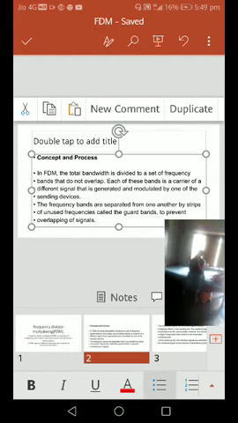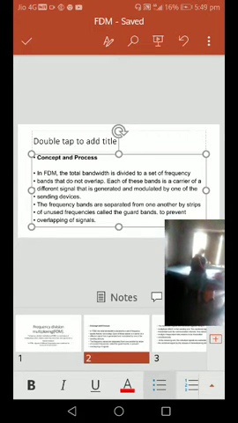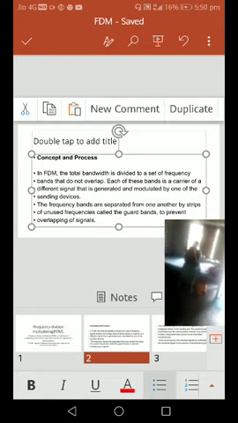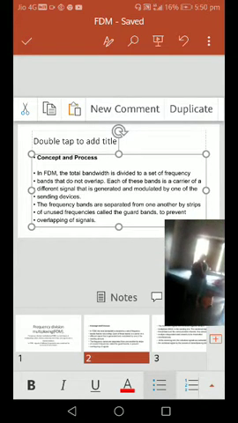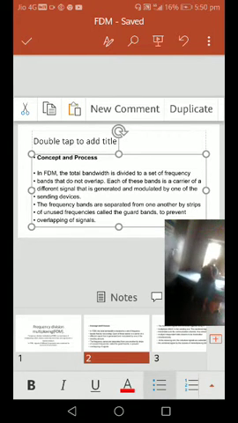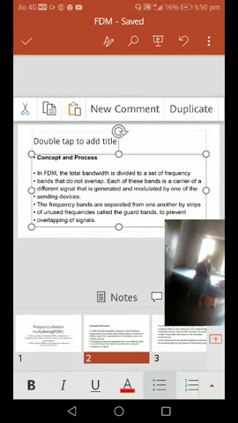Each frequency set gets one frequency band. When we divide the frequency, one frequency should not be added to another, and there is no overlapping between the signals.